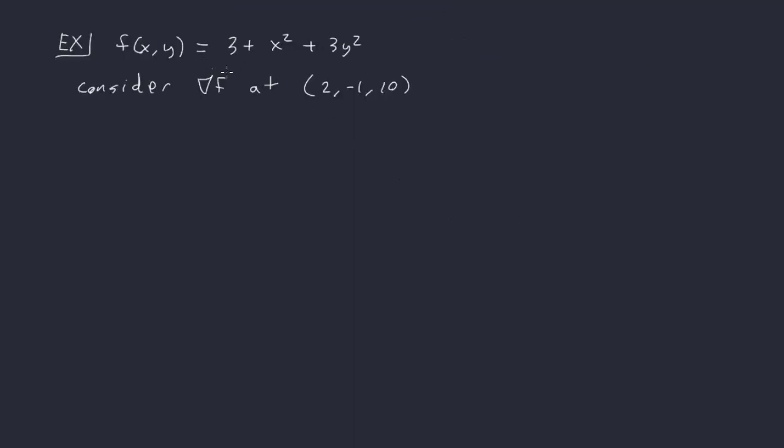Okay, so let's look at this particular example. We're starting with a fairly simple one. f of x,y is equal to 3 plus x squared plus 3y squared. All right, so this is going to be a paraboloid that opens upwards, and we want to look at the gradient at the point 2, negative 1.